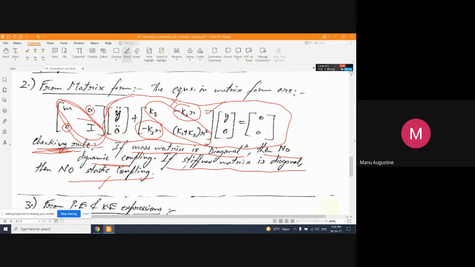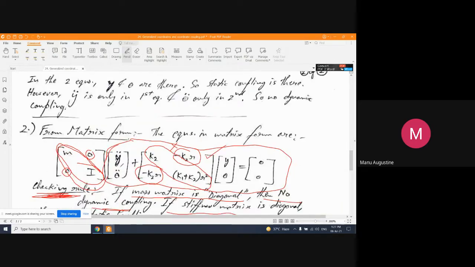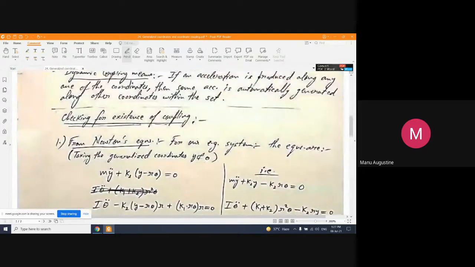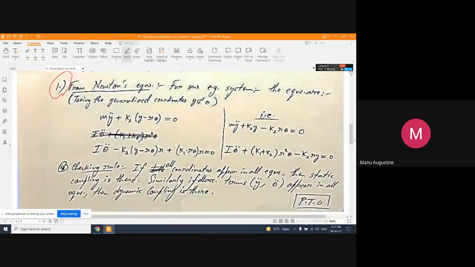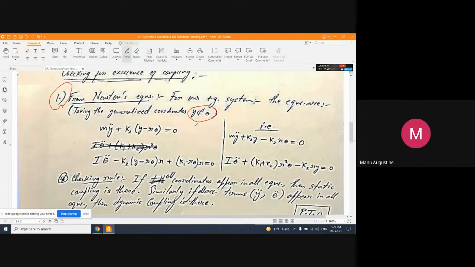So once again, looking at the rules of the matrix format of equation, you get the same result. Because from the first type of testing, you already have the answer to your problem, that if my coordinates are y and theta, then I checked for coupling and I found that y and theta are statically coupled, but they are not dynamically coupled.